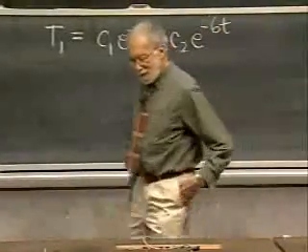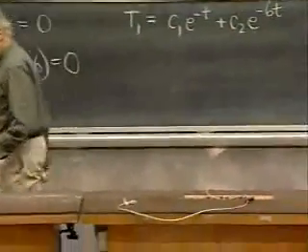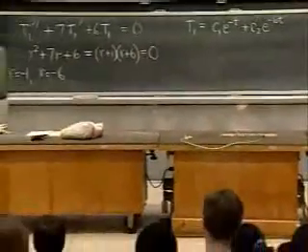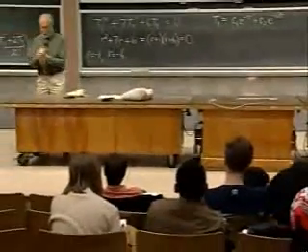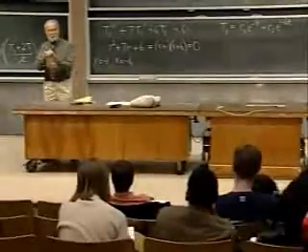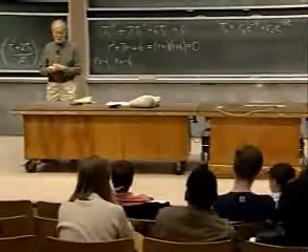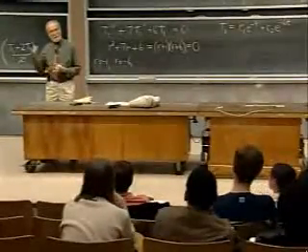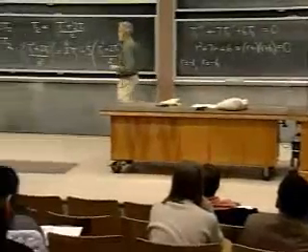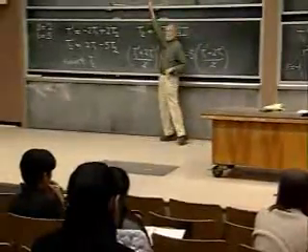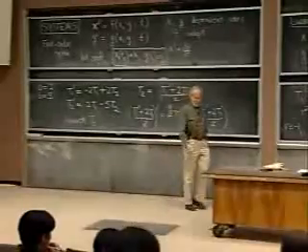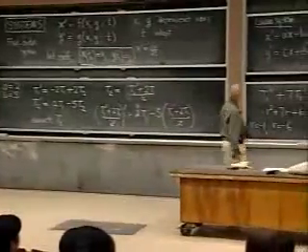Now, I've got to get T2. The first worry is T2 is going to give me 2 more arbitrary constants. It better not. This system is only allowed to have 2 arbitrary constants in its solution because that's the initial conditions we're giving it. By the way, I forgot to give initial conditions.